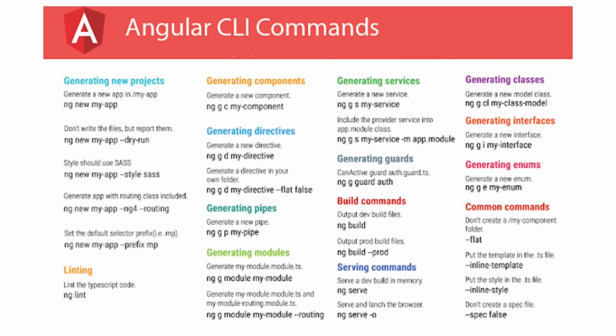So next, we are at the point of generating services, the second point: include the provider service into the app.module class. We have one thing, that is app.module. Provider services are nothing but TS files where we have different kinds of classes. If you want to get a class by default, then you can mention that particular class name in the CLI command itself, so that it will be created by default.